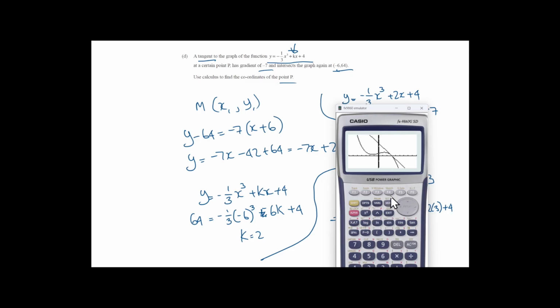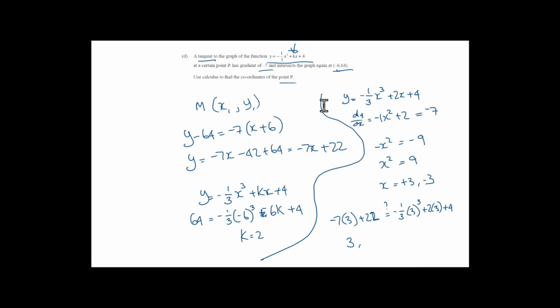And my bet is if we zoom out, it's going to give us the other point here. So we can G-solve where do they intercept? Negative 6 and 64, which is that one. And the other one is at 3, 1. So 3, 1 is the tangent point.